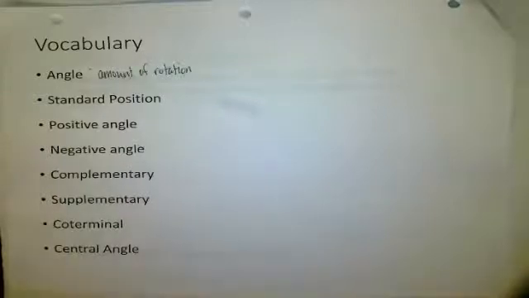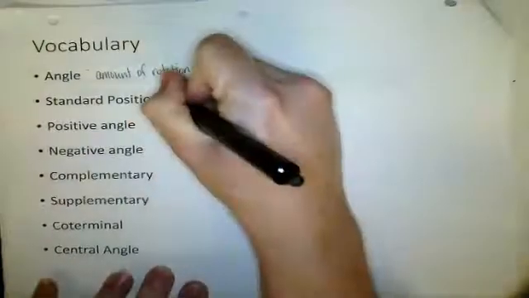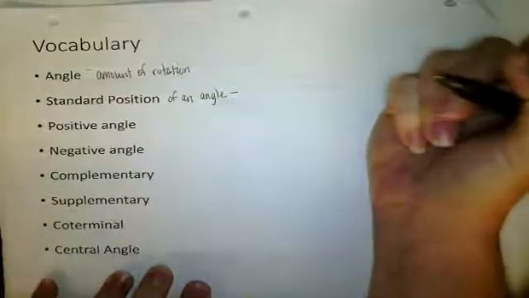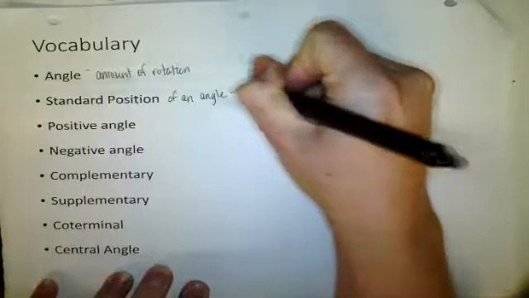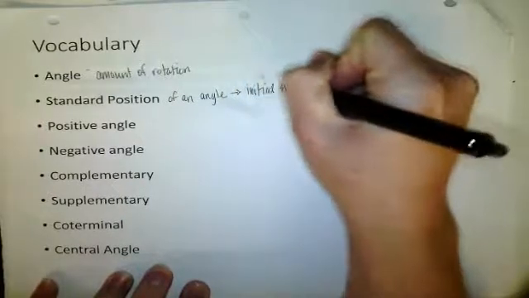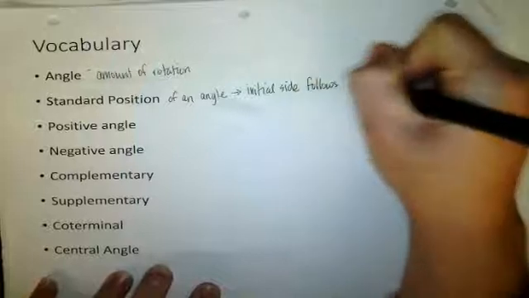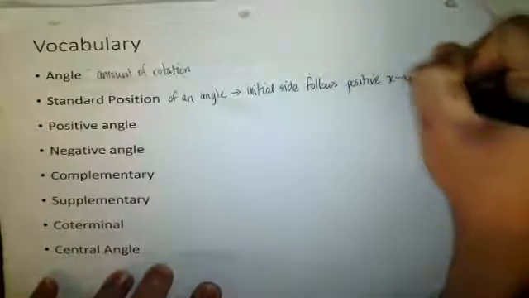And in this class, in trigonometry, all of our angles are going to be drawn in standard position. The standard position of an angle is that the initial side follows the positive x-axis.